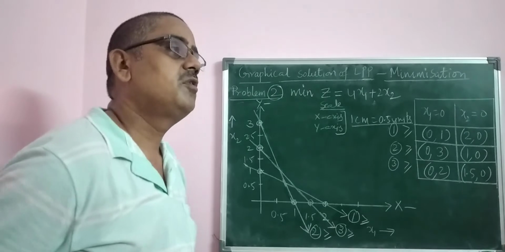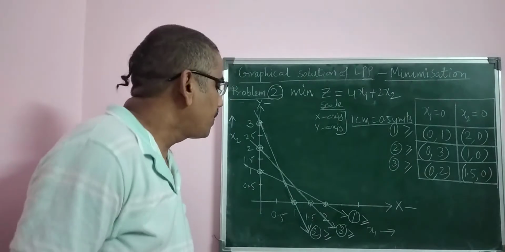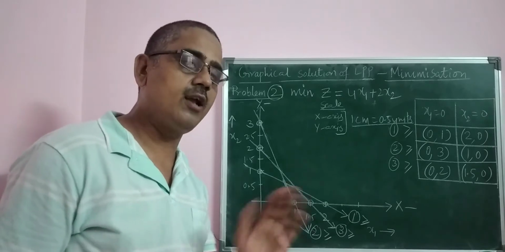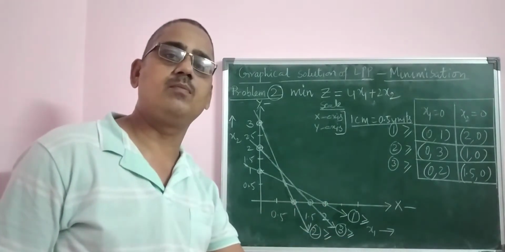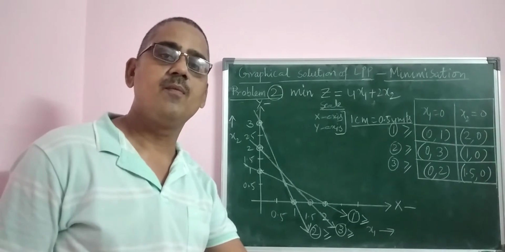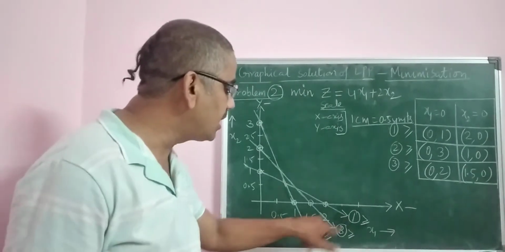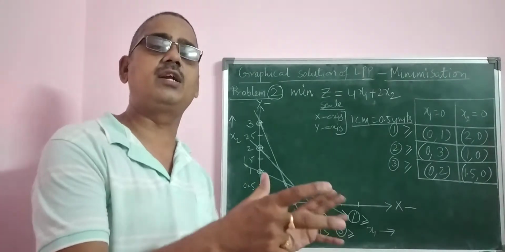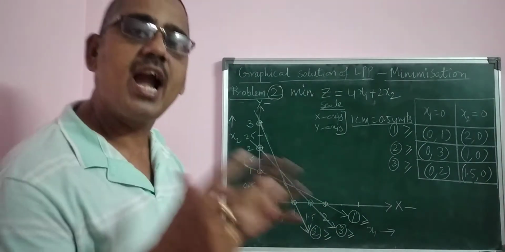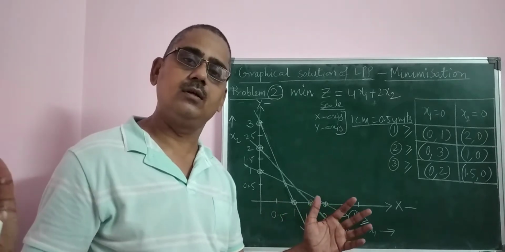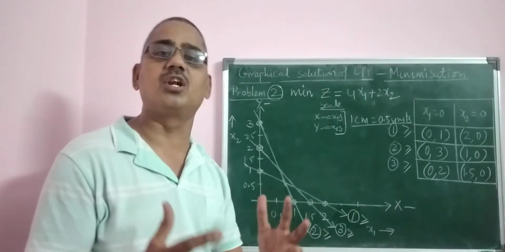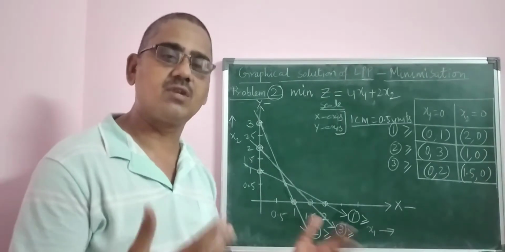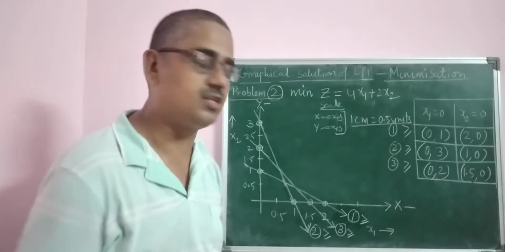So now, by taking the graph, you have to obtain the feasible region. After drawing all the equations as straight lines and writing the equation numbers and the inequality of each constraint, you have to shade the region and obtain the common region satisfying all the constraints.